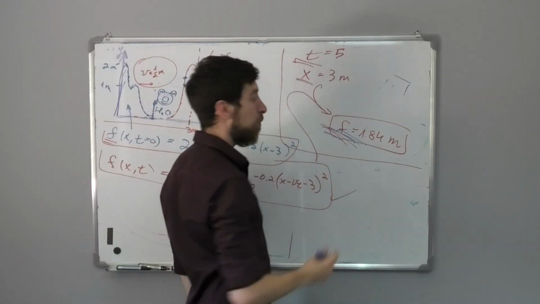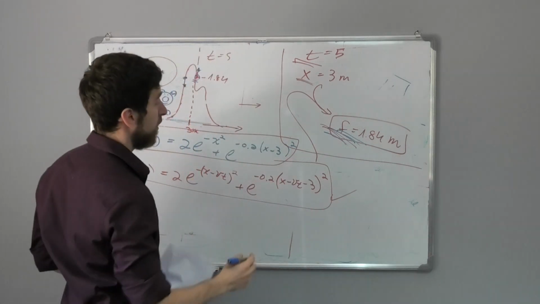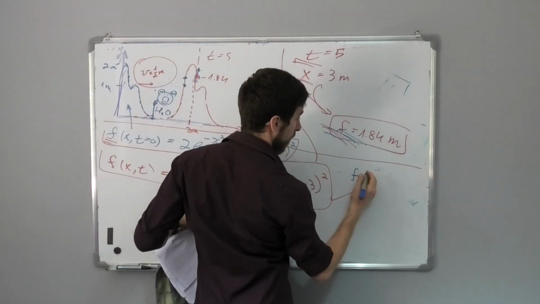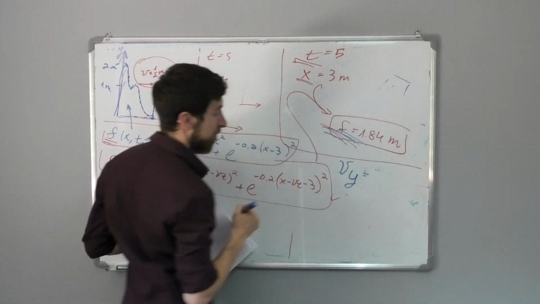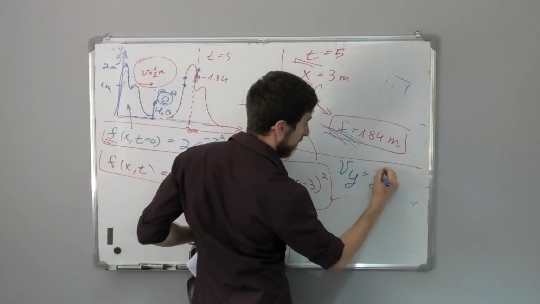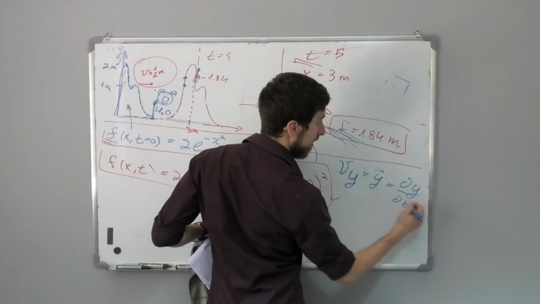So they want to know what is the velocity. The vertical velocity. If I want to know the vertical velocity, Vy is the change in the location, y dot. Y dot is the derivative of y in time.